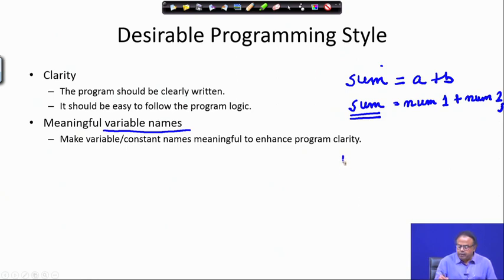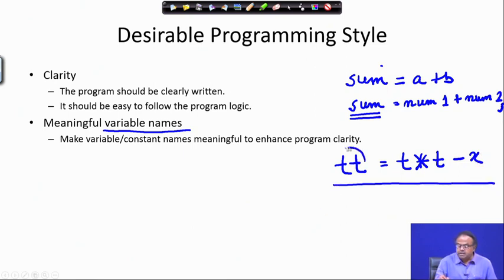But suppose I had written something like Tt is equal to Tt multiplied by t minus x, then it is not very clear what this Tt is, why you are using this Tt.